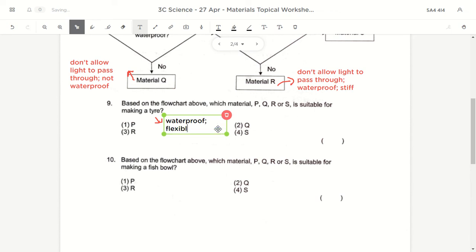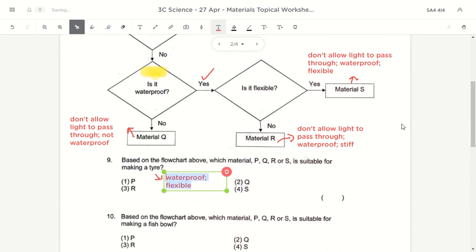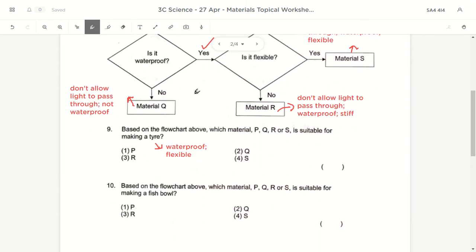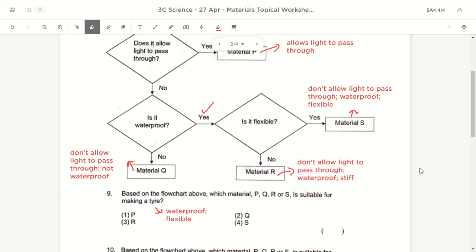You remember tires are made of rubber, and one property of rubber is that it is flexible. So I want something that is waterproof and flexible. I want something that is waterproof. That is definitely here.